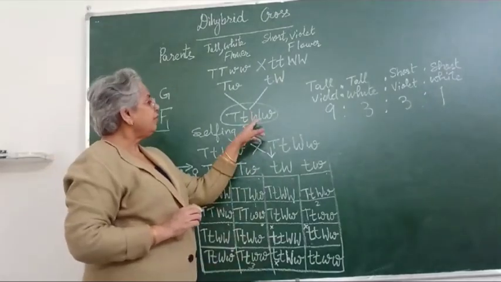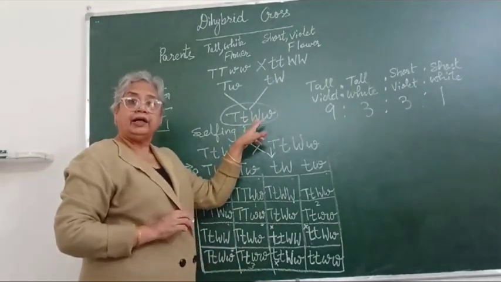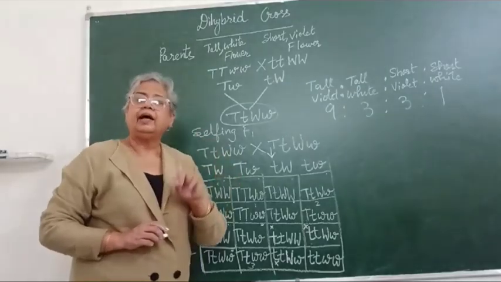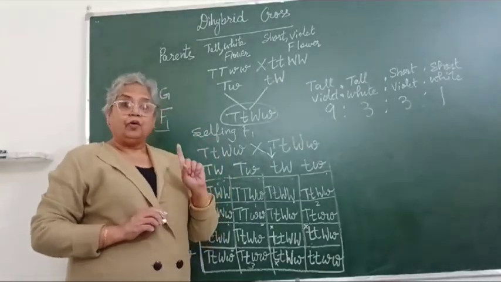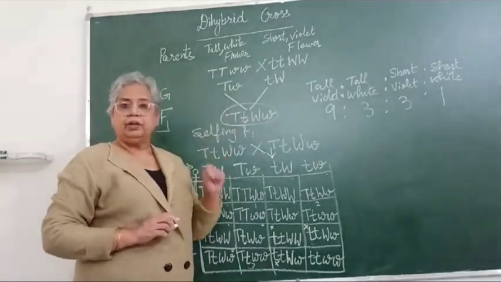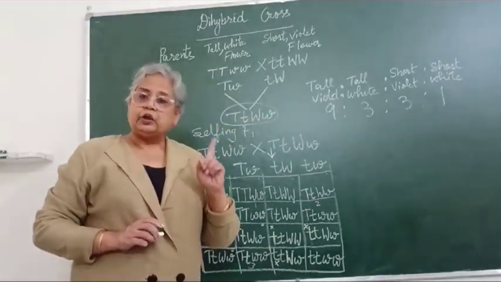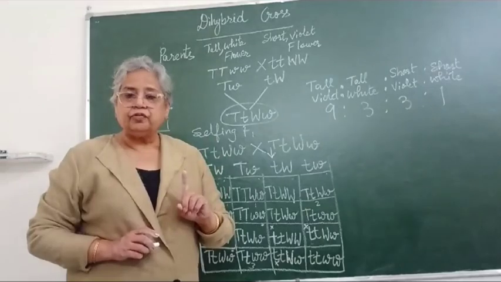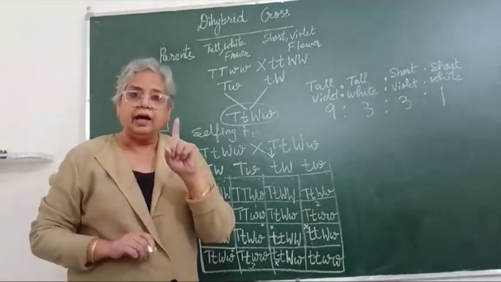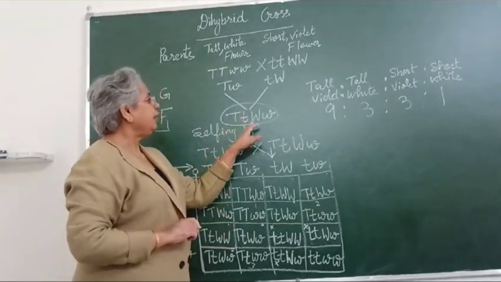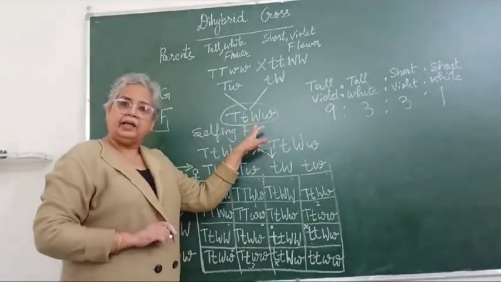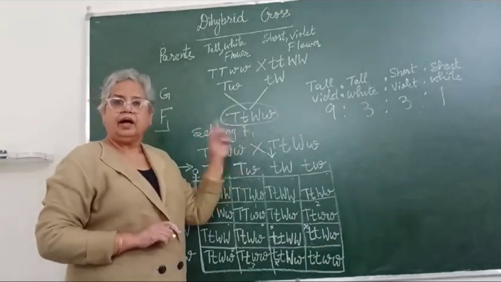Now this is the progeny of heterozygous pea plants with tall height and violet flowers. Although it has a small t and small w, as short height and white flower color are recessive traits, they are masked in the F1 generation. So this is the phenotype: tall plant with violet flowers, or it is a hybrid.